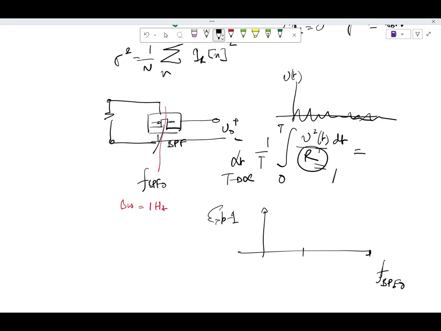I set the center frequency of the band pass filter to, let's say, 1 megahertz, and I observe the power. I get some value. I move it to 2 megahertz center frequency and get another value, and I do this across all frequencies. And as it turns out, if you have an ideal resistor, this will be a straight line.